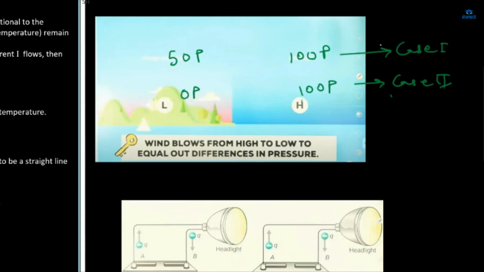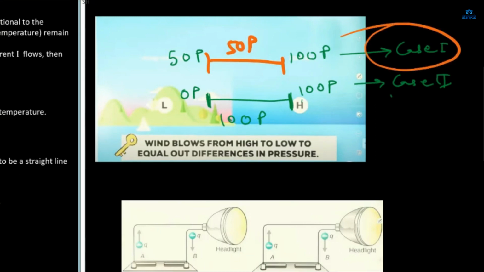Because here there is a larger pressure difference. Here it's a difference of 100 Pascal, and here it's a difference of 50 Pascal. So as compared to the first case, the air will move faster in the second case, from the region of higher pressure to the region of lower pressure, right?